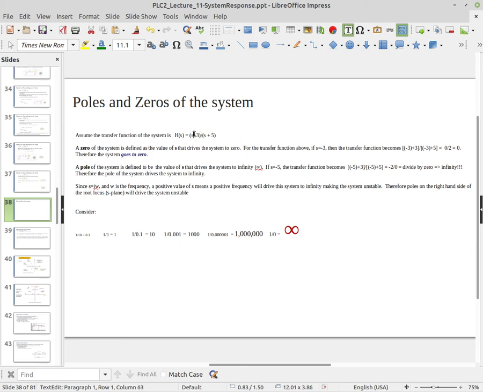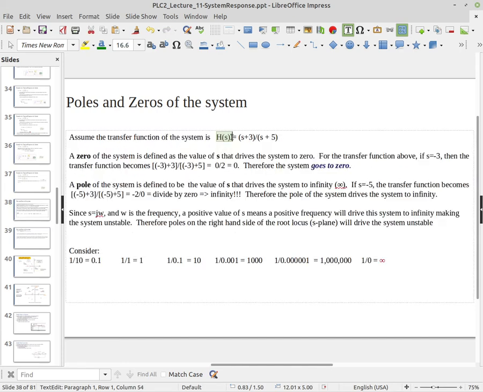So normally they write a transfer function here in terms of H of s. So this transfer function, we have s, which you could basically replace with the omega for the frequency there. But here we have an s plus 3 in the numerator and an s plus 5 in the denominator.